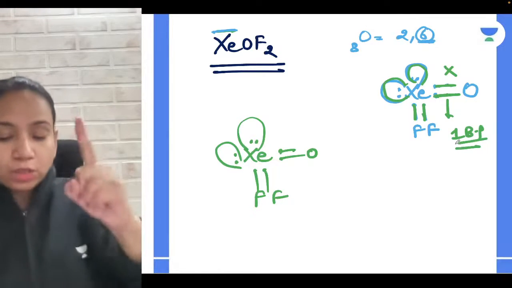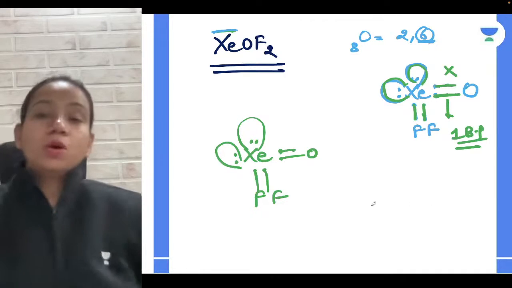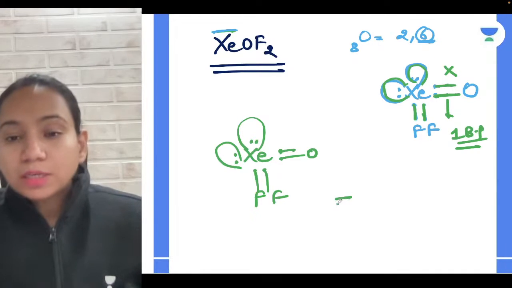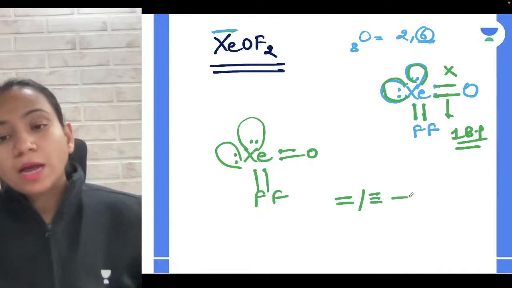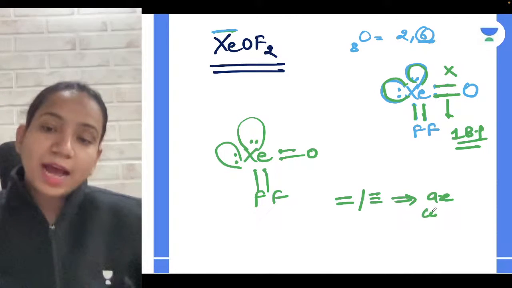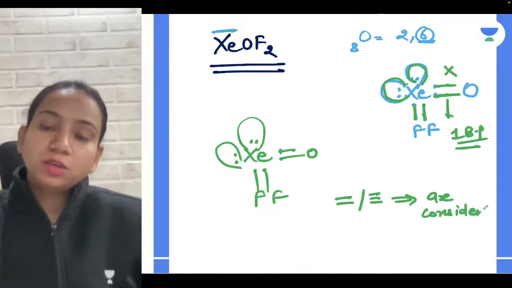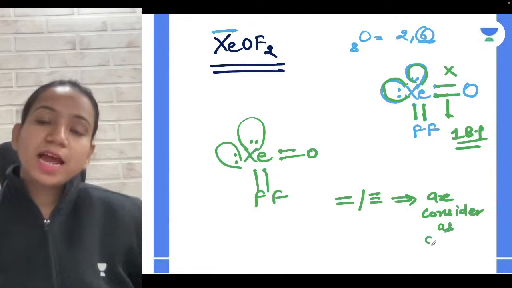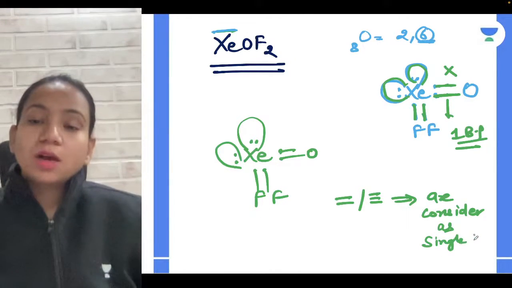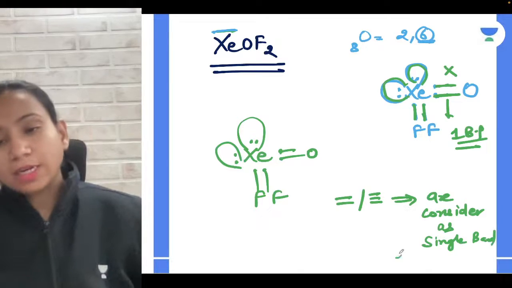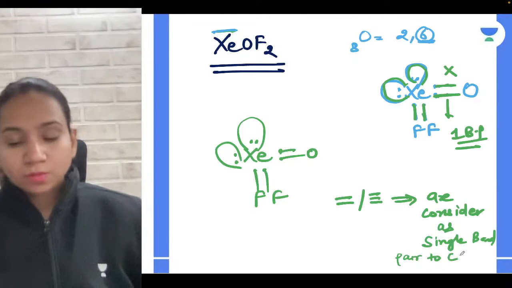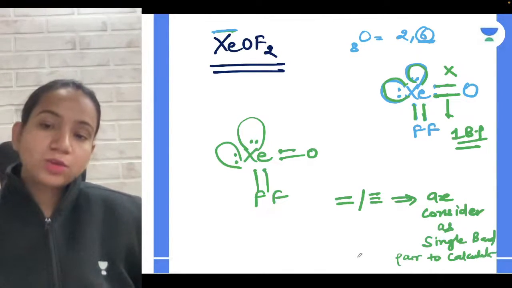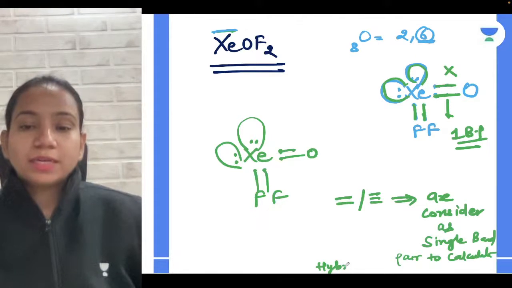Why? Because this is very important for all of you to know that multiple bonds, double bond or triple bond, are considered as a single bond pair to calculate hybridization.